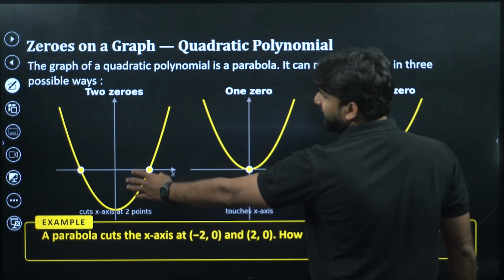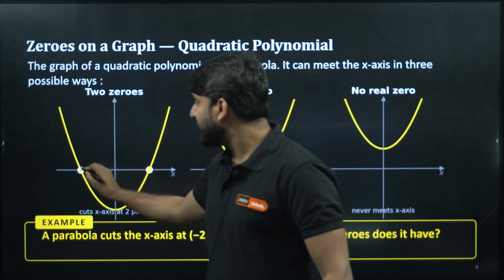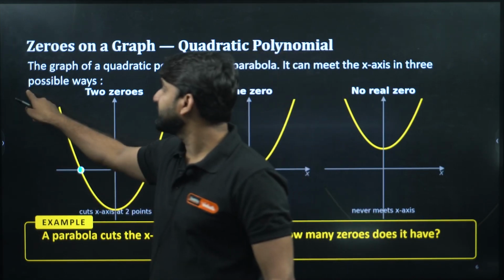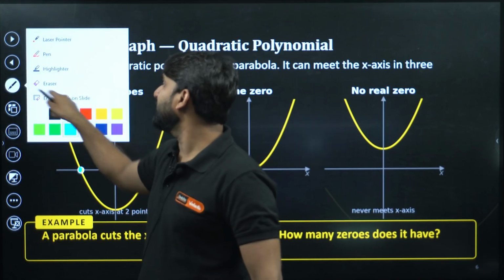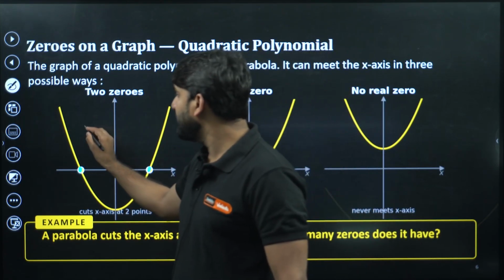This possibility shows that the quadratic polynomial is intersecting the x-axis at 2 points. If these 2 points are different from each other, they are distinct. So how many zeros will be there?